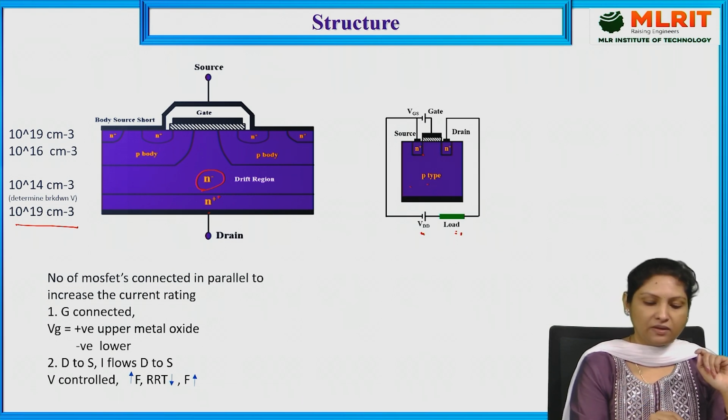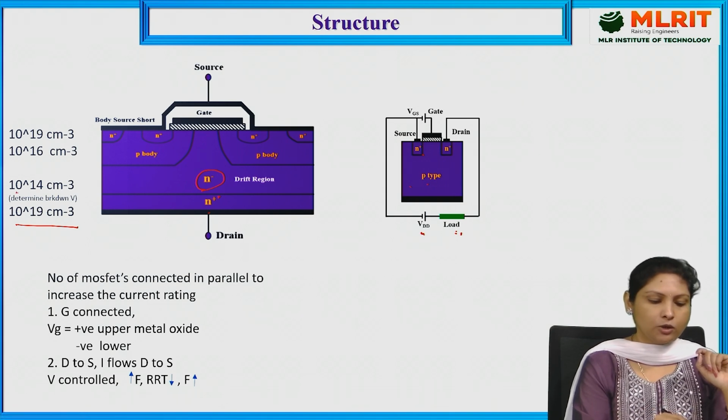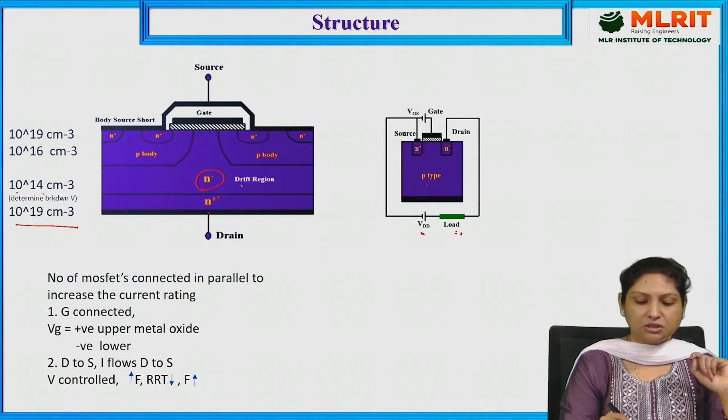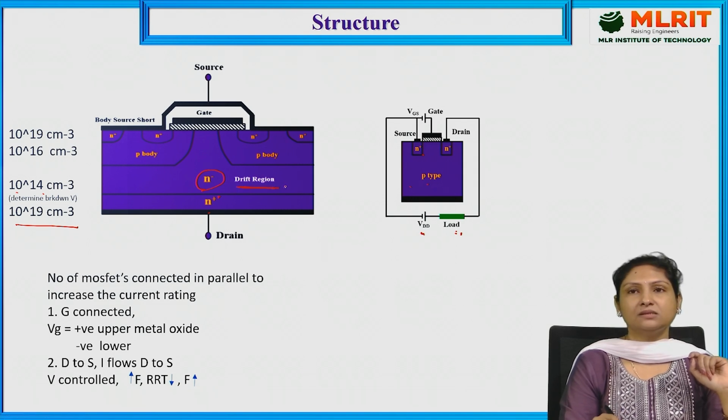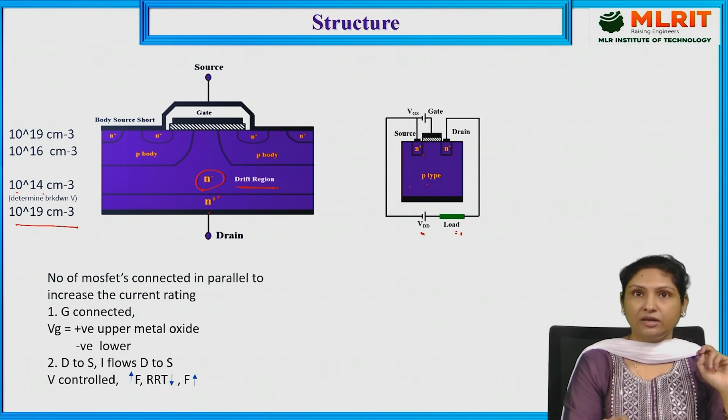The doping level of this N minus drift layer is given by 10 to the power of 14 per centimeter cube. So this drift region determines the breakdown voltage of the device, which is very important, and this is an additional layer to that of the normal MOSFET.